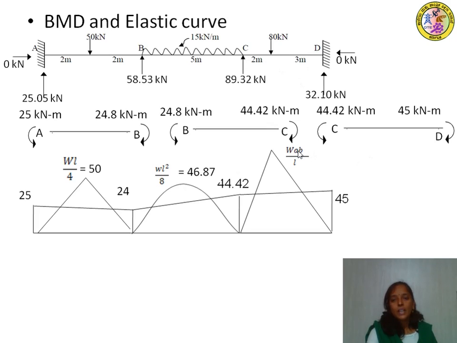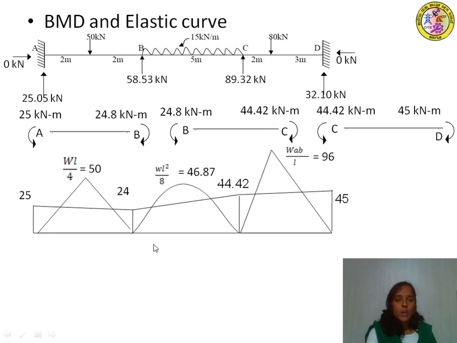So W is 80, A is 2, B is 3 and L is 5. So if you substitute it, you are going to get WAB by L as 96 kilonewton meter.